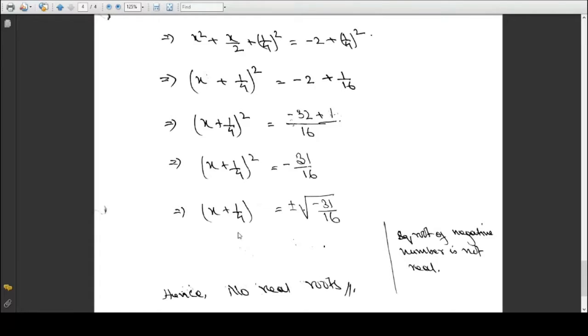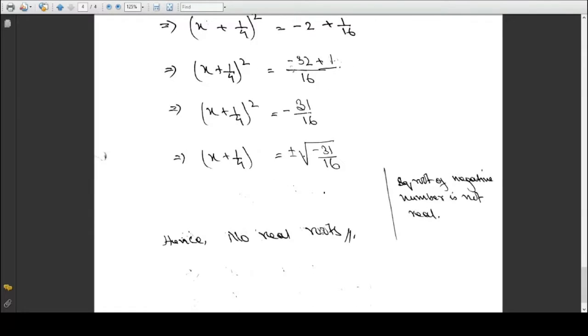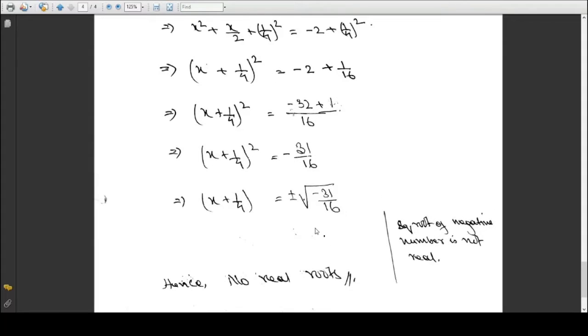Okay, we cannot find the value of x from here because we are getting a negative value here. The square root of a negative number is not real, therefore we cannot proceed ahead to find the roots. Okay, now this is the end of part 13 and we'll continue again in the next class.